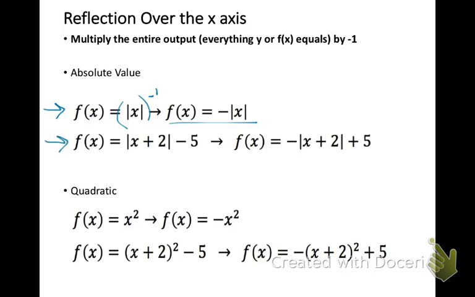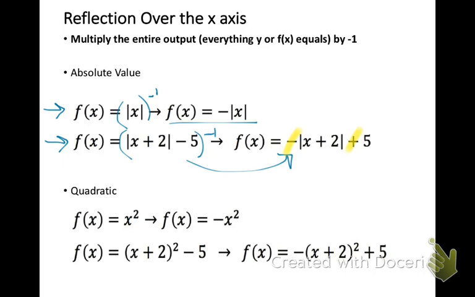Here's a more complex example. If f of x equals the absolute value of x plus 2 minus 5, and we multiply all of that by -1, then we get this new function. Notice that the negative is on the outside of the absolute value, and the sign of the 5 changed because we had to multiply both of those terms in our equation by -1.